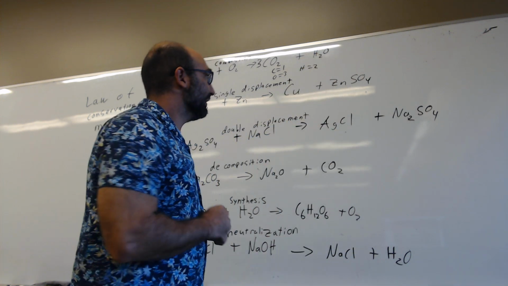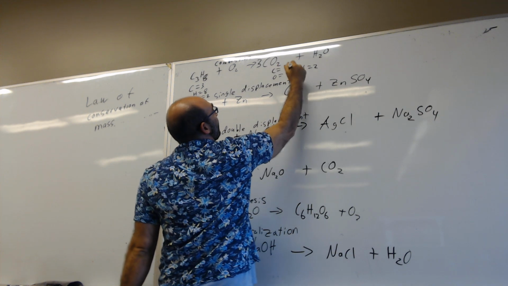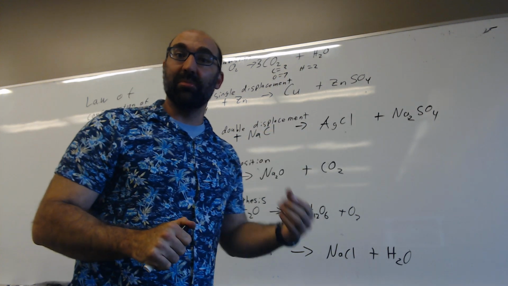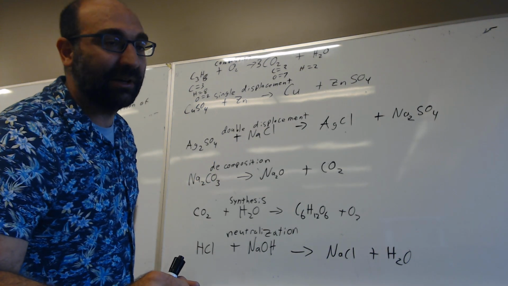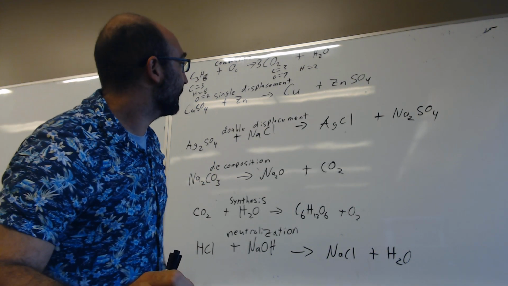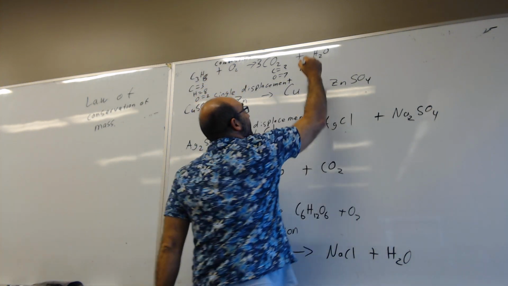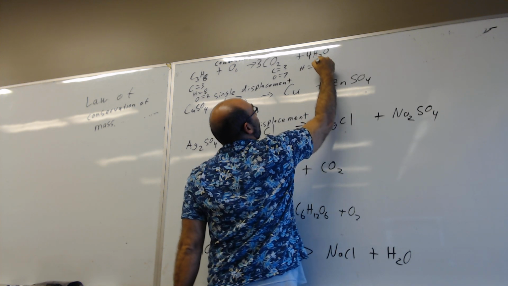So it's balanced in the carbons. This is now 3 carbons, and this is 3, and this is now 7 oxygens. So I'm much closer to being balanced than I was before. What am I going to do next? Because I'm not done. I got 2 hydrogens here and 8 here, so I'm going to put a 4 right there.